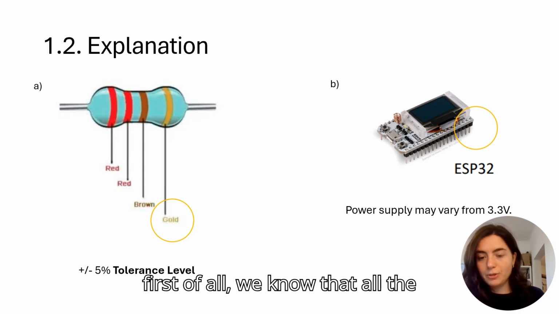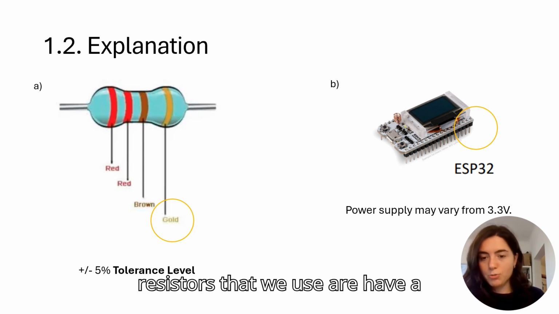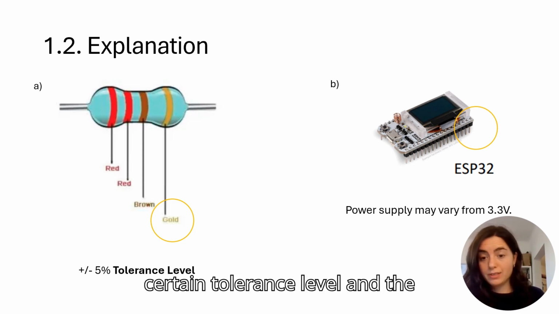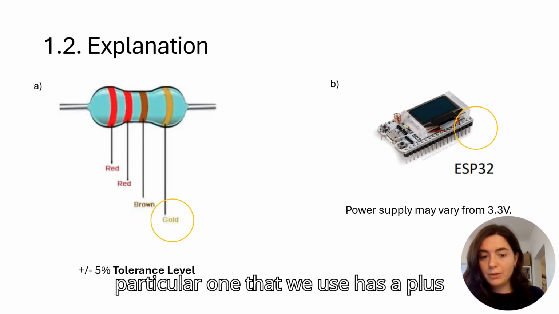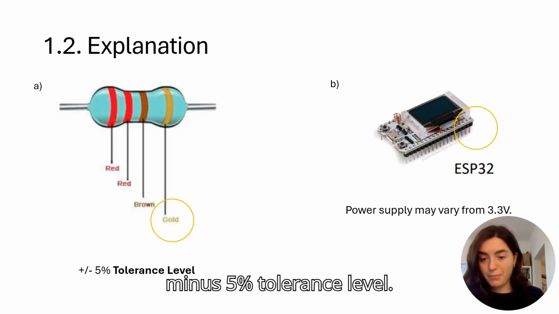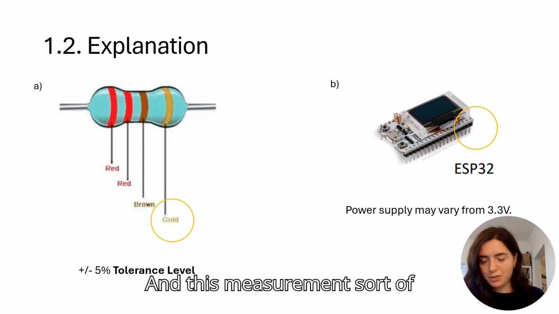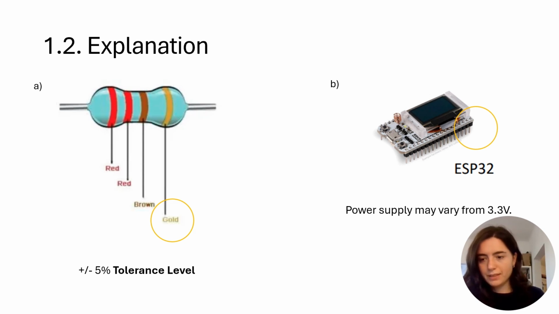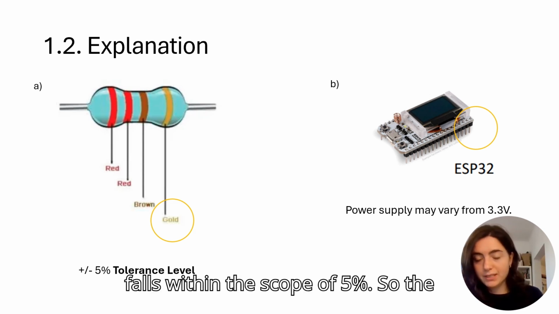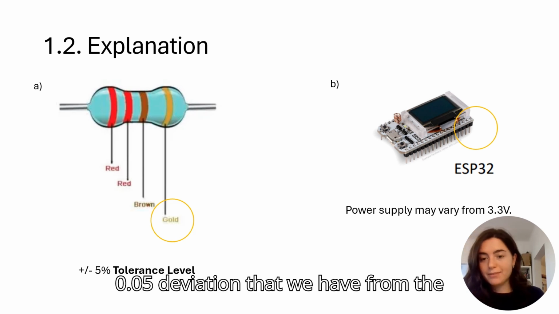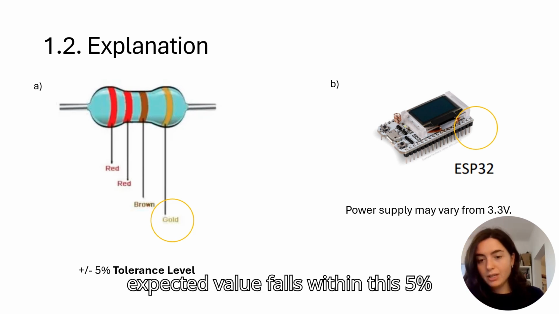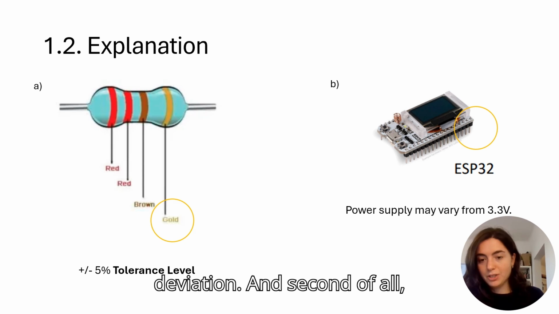First of all, we know that all the resistors that we use have a certain tolerance level, and the particular one that we used has a plus minus 5% tolerance. This measurement falls within that scope, so the 0.05 deviation from the expected value falls within this 5% deviation.